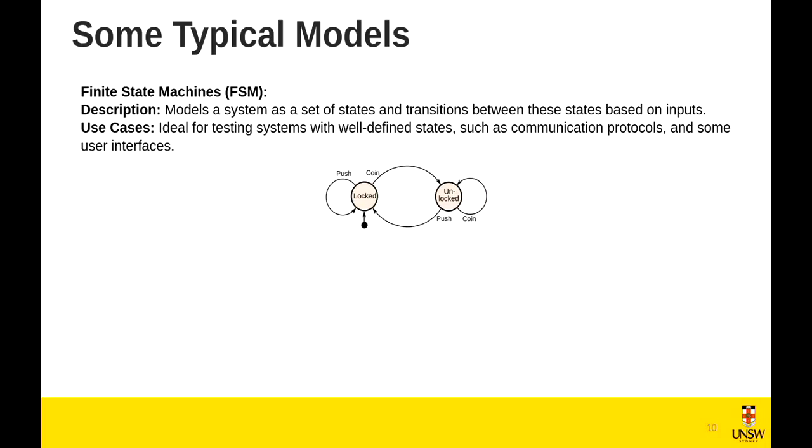Maybe the default state of the vending machine is waiting for users to press buttons, and if the user presses a button, it goes to the next state, and so on. Another scenario is the ATM. The default state, of course, is to wait for inputs, and then it will act differently according to different inputs and run into different states.